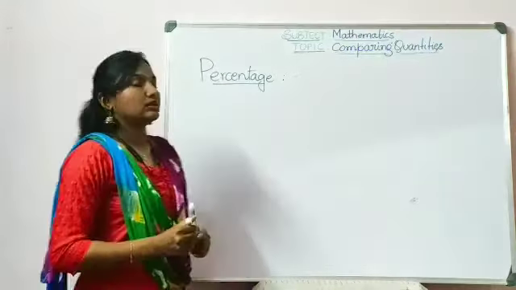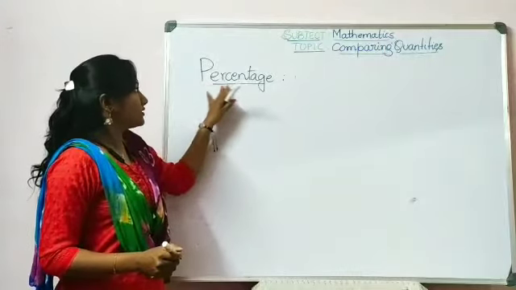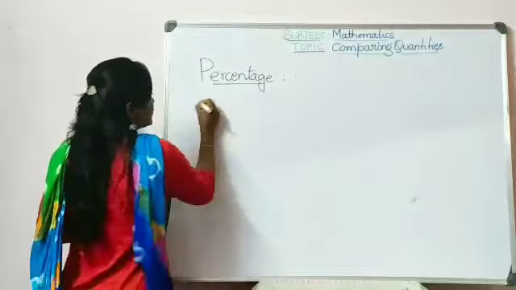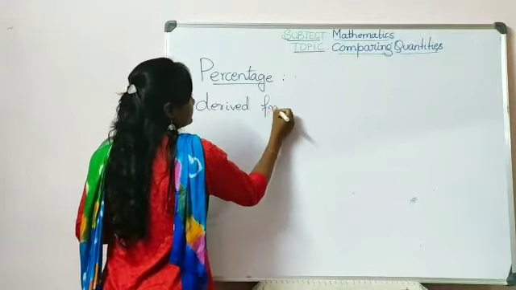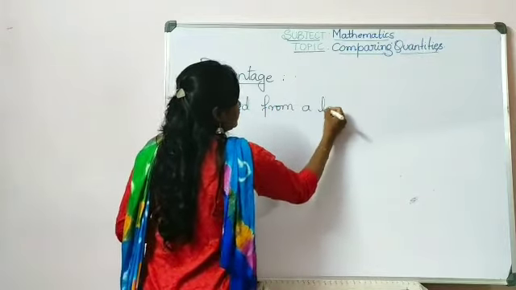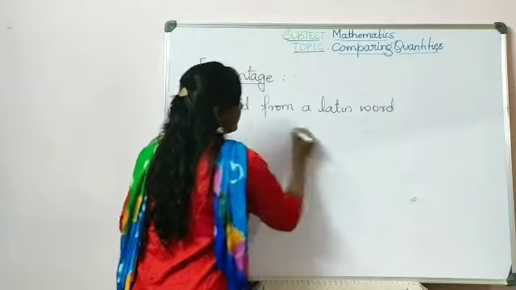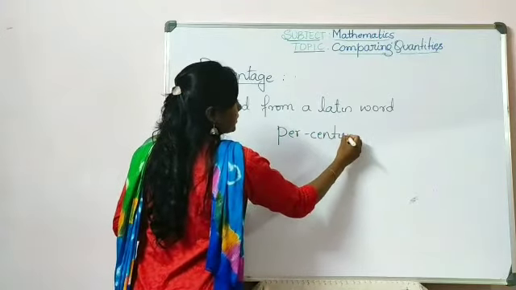So let us know what is the meaning of percentage. As the word says, it is per cent, that means per 100. It is basically derived from a Latin word per centum.